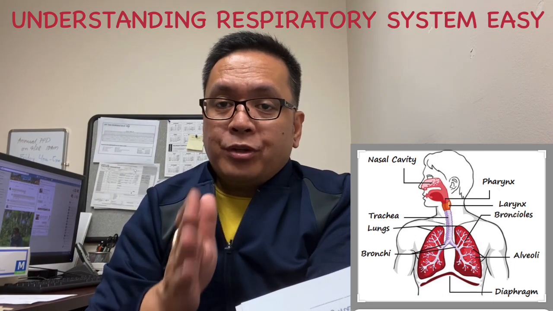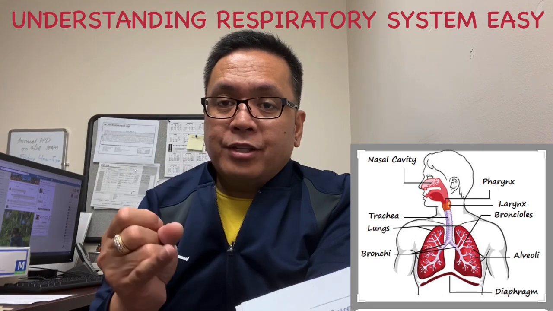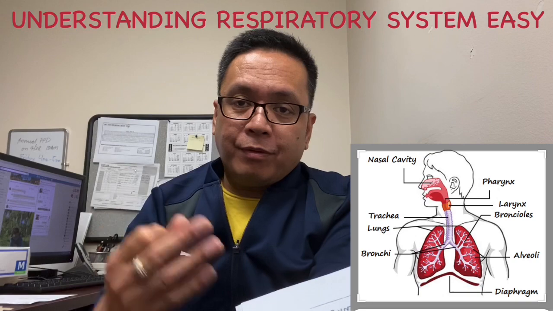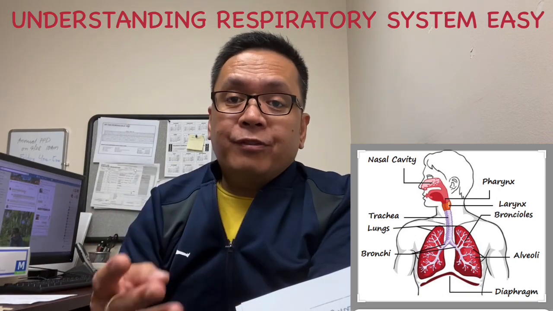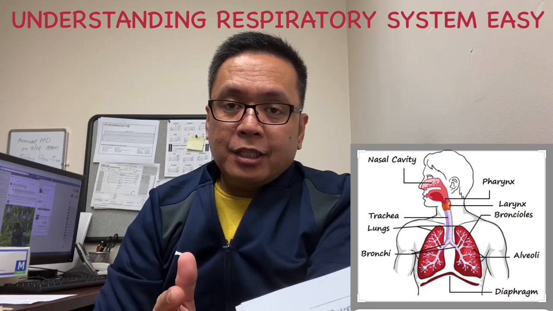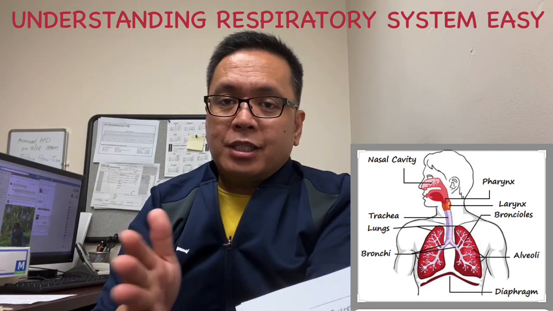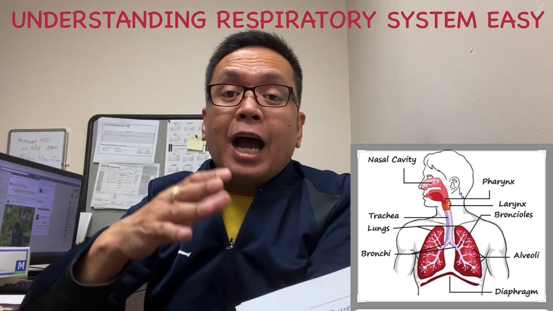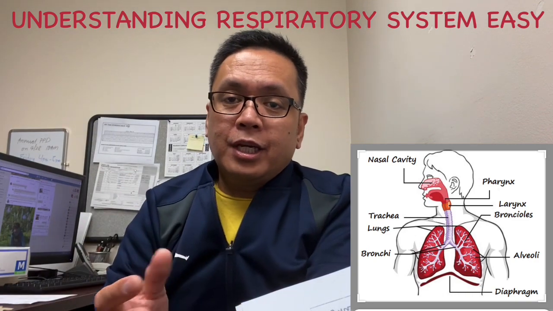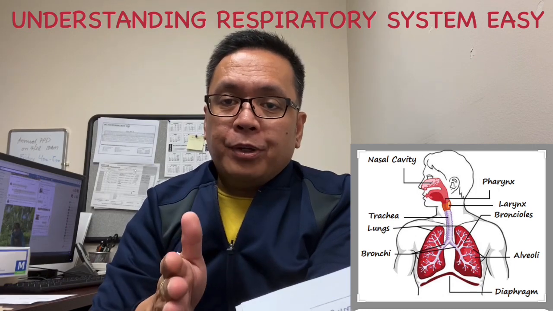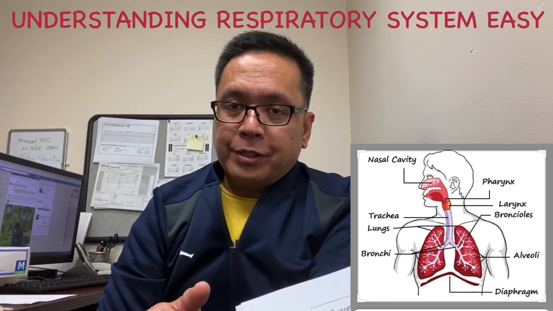Upper airway structures include the nasopharynx, which is the nose, the oropharynx, which comes from the mouth, the laryngopharynx, and then the larynx. The larynx is located at the top of the trachea. It houses the vocal cords, and it is the transition point between the upper and lower airways.